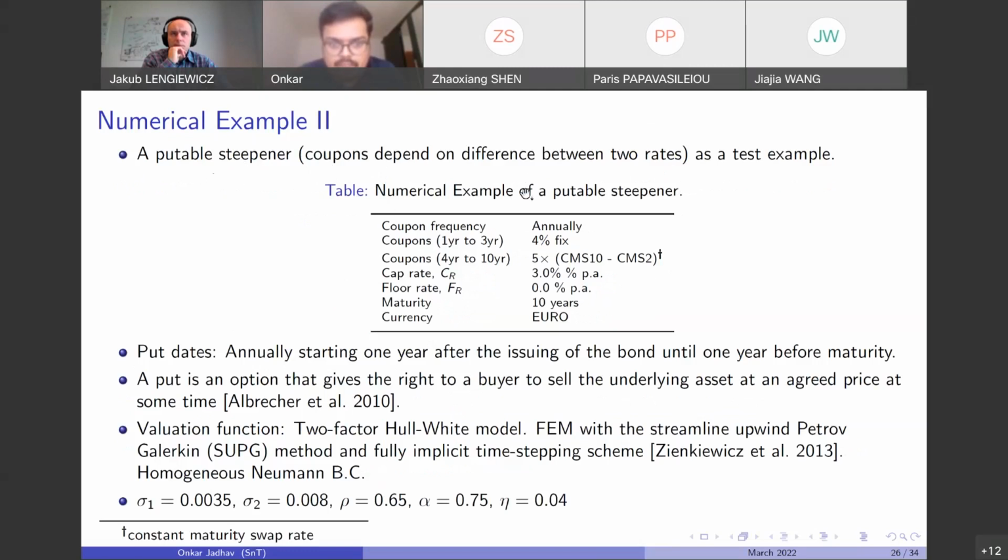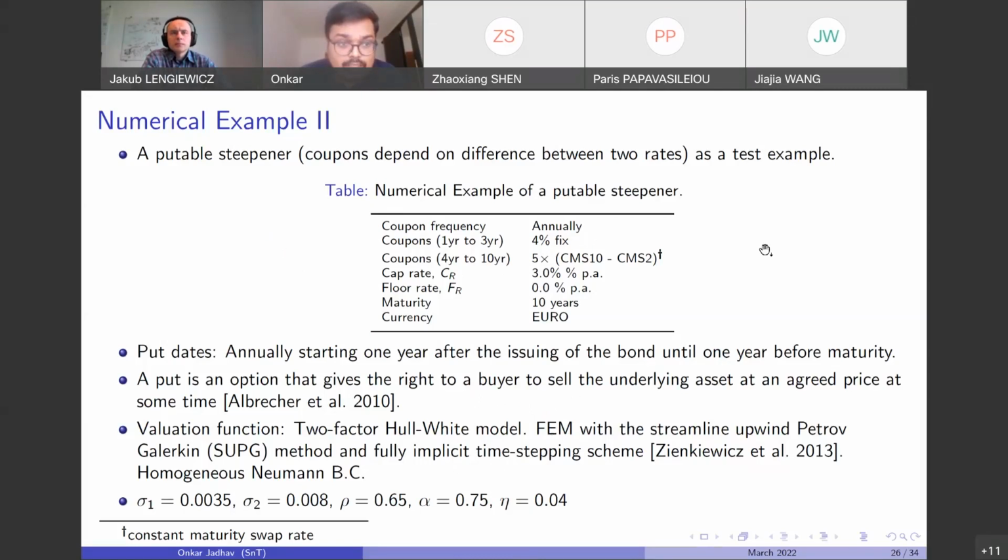For example, in this table, you can see that the coupon between year 4 and year 10 depends on the difference between the constant maturity swap rate at 10 years and the constant maturity swap rate at 2 years. It is a putable type of instrument, and a put is an option that gives the buyer the right to sell the underlying asset at an agreed price at some time point in the future. I've solved this putable steepener example using the two-factor Hull-White model, which is discretized using the finite element method.